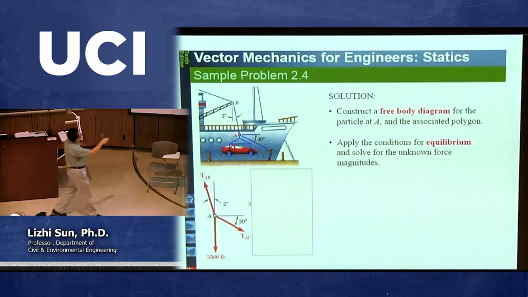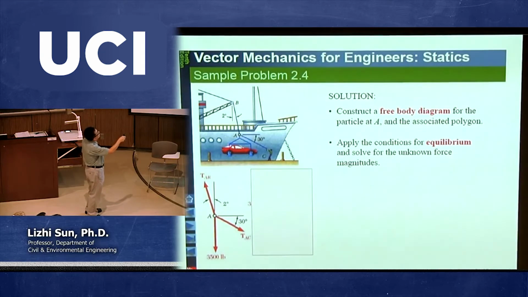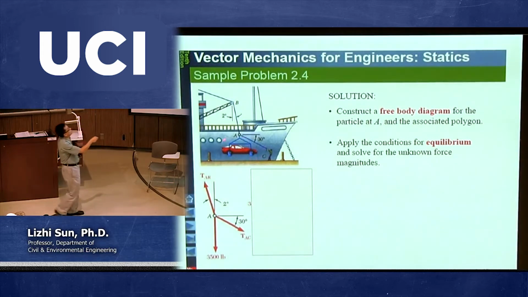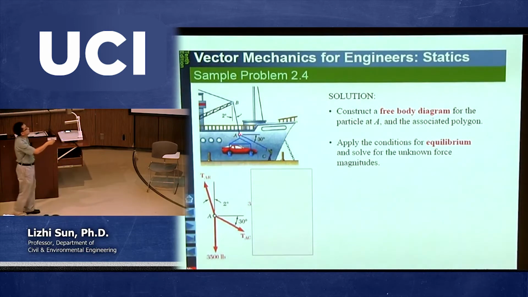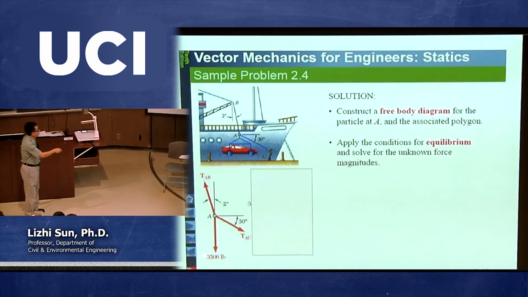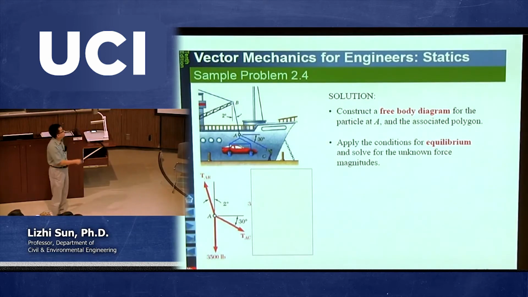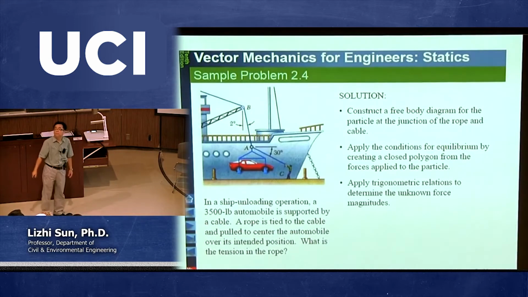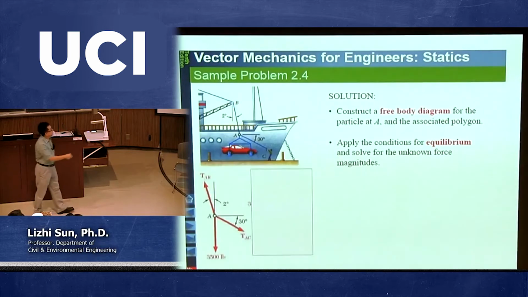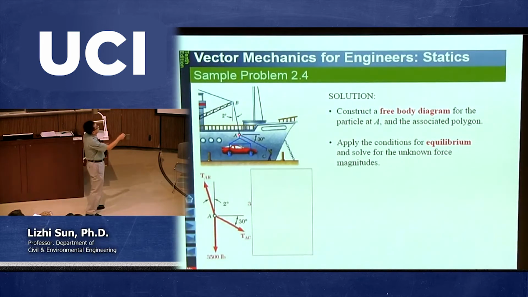Number one, this point A is connected with the self-weight of the car. Although you have those kind of steel bars, whatever, it doesn't matter, finally you end up with a force going down due to the self-weight of the car. So from point A, there is a force acting on point A going down with a total weight called 3,500 pounds, given from this statement. Okay, so this number one, we have a force connected to point A.